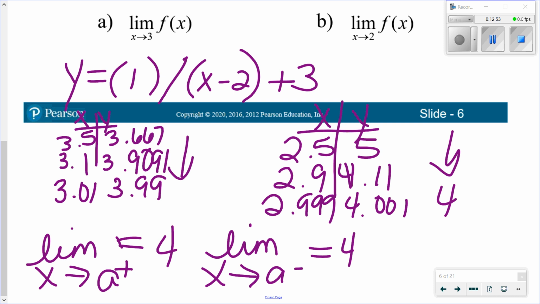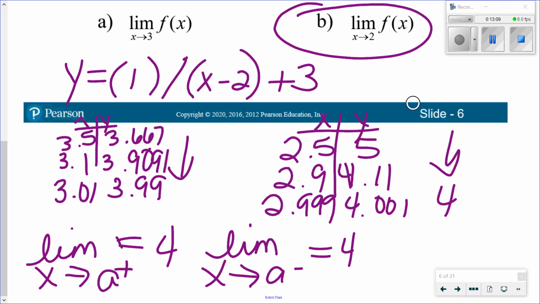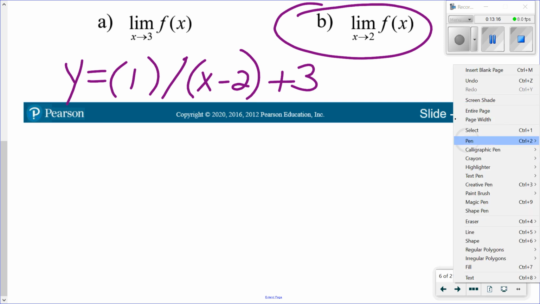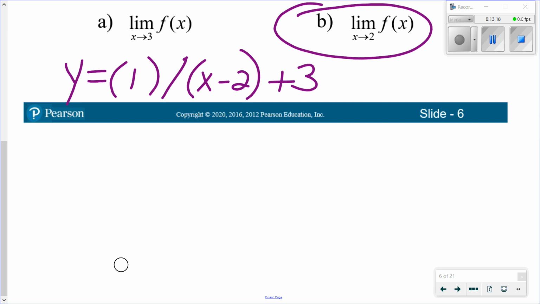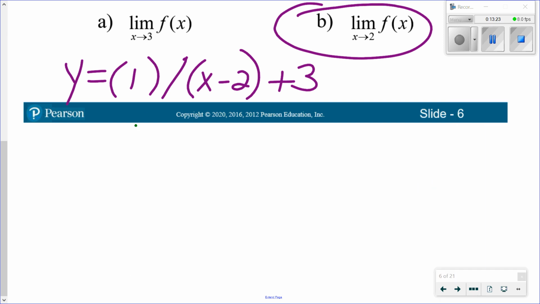Let's look again at this same thing when we are approaching 2. So the limit as we approach 2. So I'm going to go ahead and erase these so that we have a place to write here. All right, so 2 new tables of values. So x, we want to approach 2.